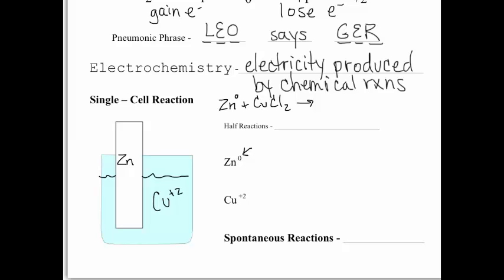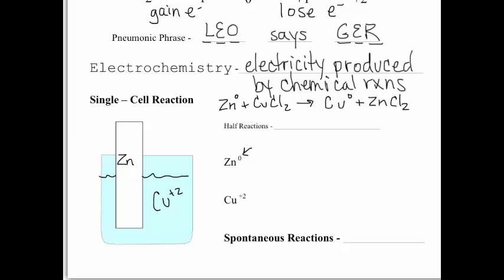And what you'll find is that zinc is more reactive than copper. Copper is only the third one up from the bottom, and the other metals are all more reactive. So this reaction will occur, and what will happen is the copper will end up alone. It will have a 0 oxidation number, which implies that it's becoming a solid. And then the zinc will end up in the solution with the chlorine as a salt.